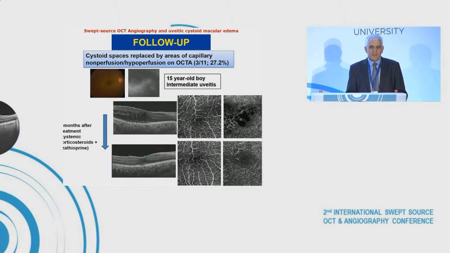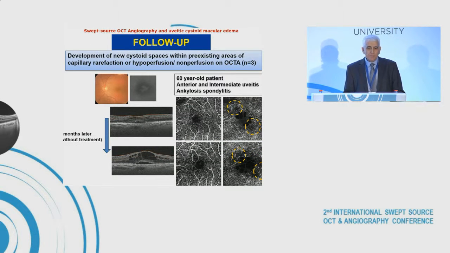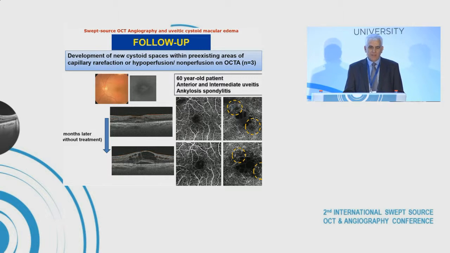Cystoid spaces replaced by areas of capillary non-perfusion after resolution of cystoid macular edema on swept source OCT. Development of new cystoid space within pre-existing areas of capillary rarefaction and hypoperfusion in 3 eyes, as you can see in this case.